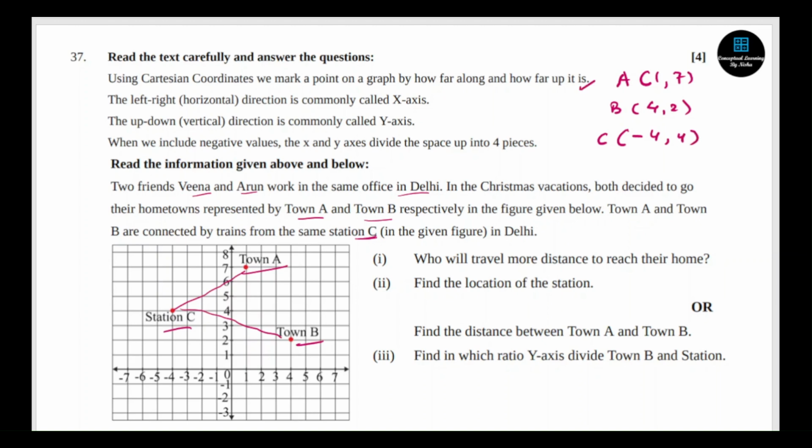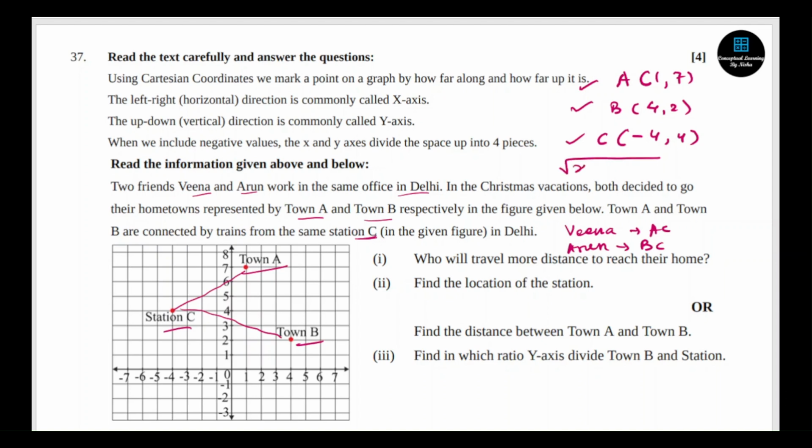So we got these coordinates and now you have to find the distance for Veena, it is AC. And for Arun, it is BC. You have to find this distance using the distance formula. Do you remember the distance formula?